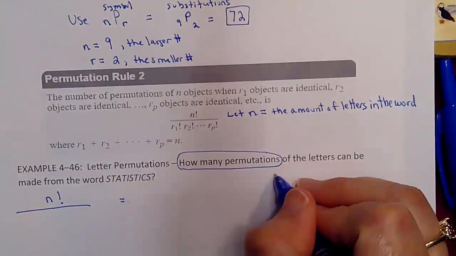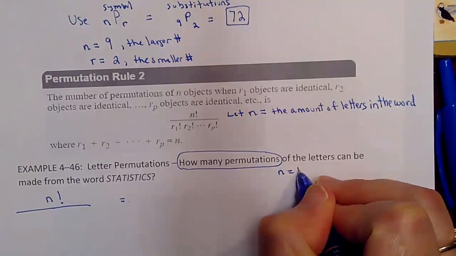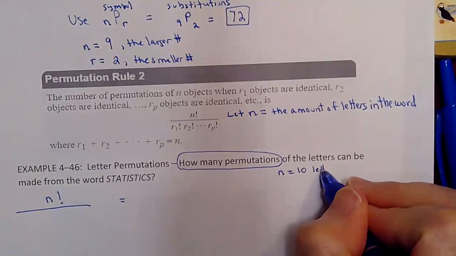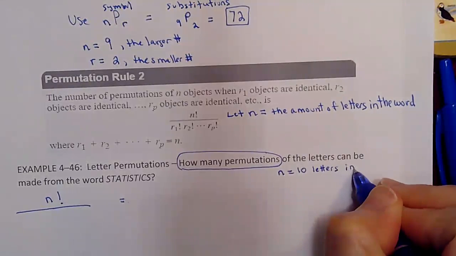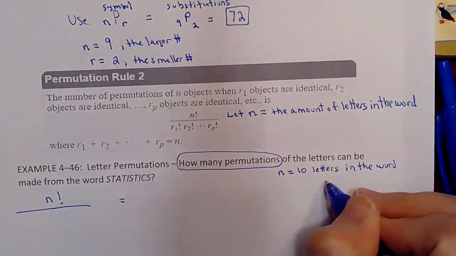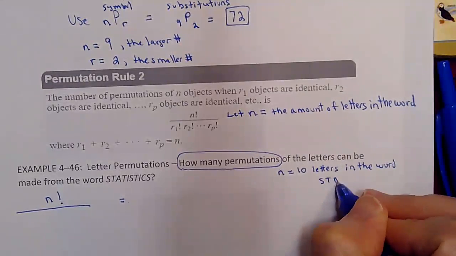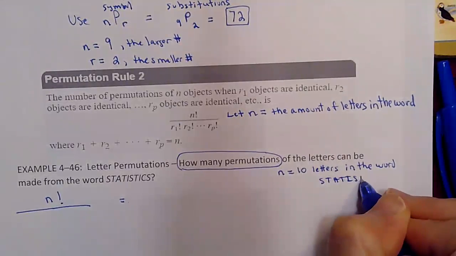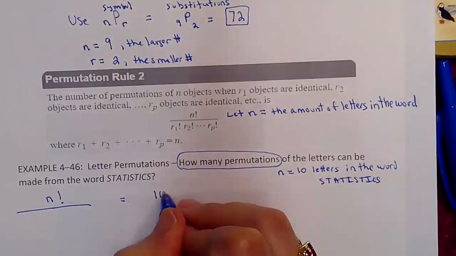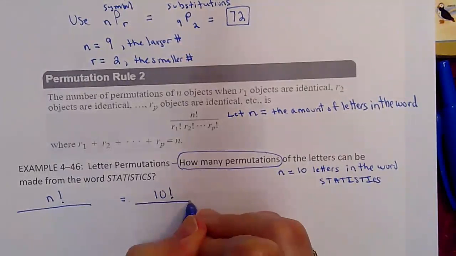So in this problem, n is equal to 10. There's 10 letters in the word statistics. So that means our numerator is 10 factorial.